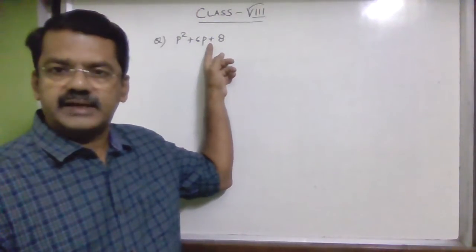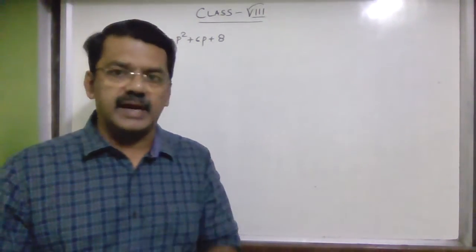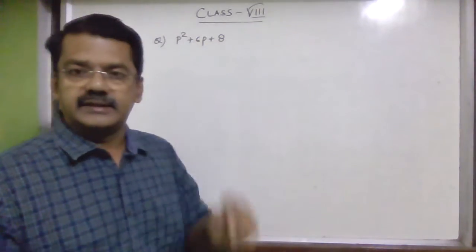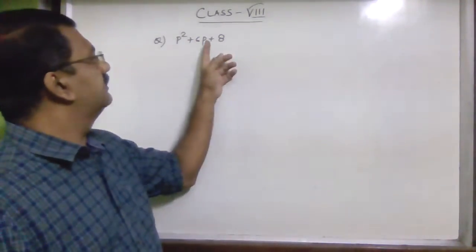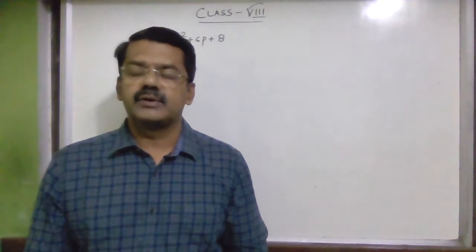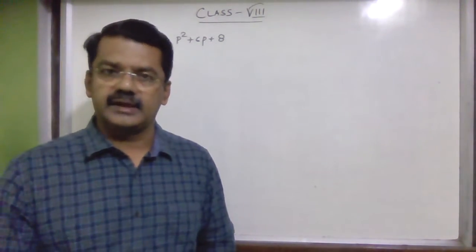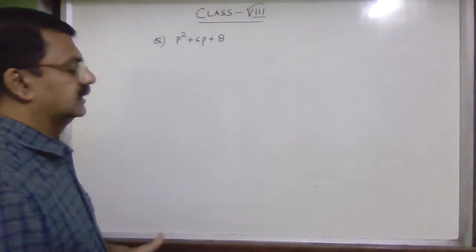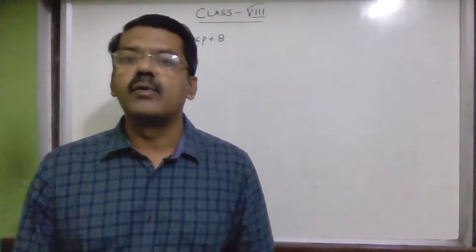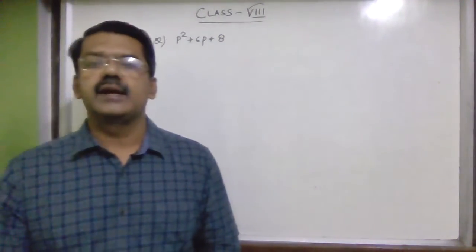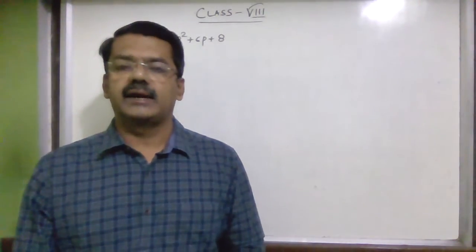If there is a positive sign, the numbers should be added to get this 6, and if there is a negative sign, the numbers should be subtracted to get 6. Clear? Now the numbers are 4 and 2, because 4 into 2 is 8 and 4 plus 2 is 6.